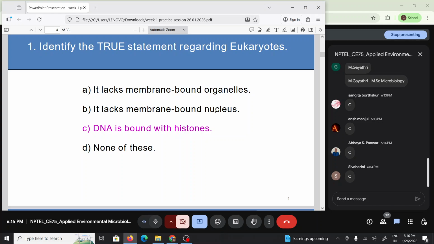So in order to be compacted, there is a protein called histone around which the DNA is wound. And histone is a positively charged protein which allows the compaction of this DNA so that it can fit in the nucleus. So yes, C is the right answer.